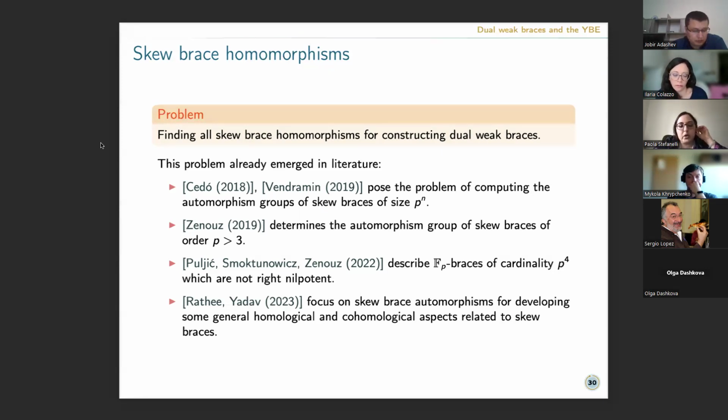And there is also another paper by Letourmy and Vendramin where the authors focus on skew brace automorphisms for developing more general homological, cohomological aspects related to skew braces. This is only to mention why it is important to find these maps.